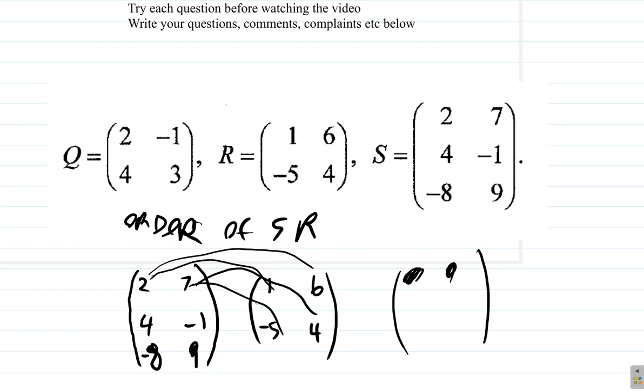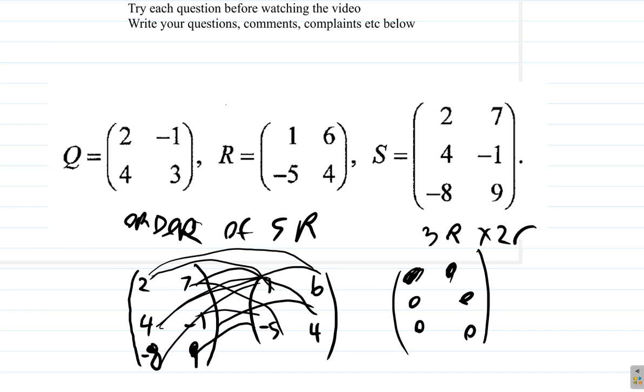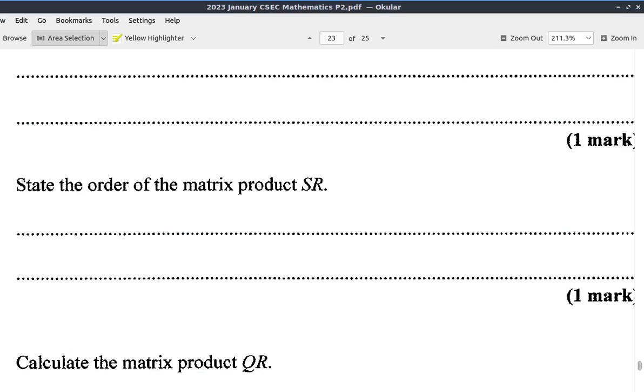And then you do it again for the second row and again for the third row. So to find out, you don't have to actually multiply them. It will be a 3 by 2. Remember, 3 rows by 2 columns. This is state the order of the matrix product SR. Once you write 3 by 2 here, you get the mark.